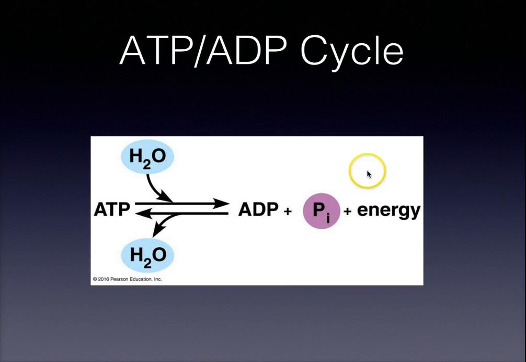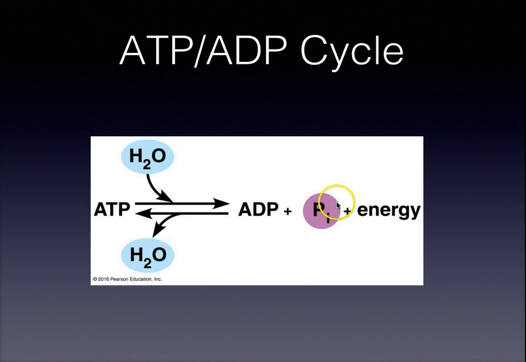When that bond is broken, we get the release of energy as well as a free phosphate group, okay? So when the body's using a lot of ATP, when it requires energy for a muscle contraction or to run a sodium-potassium pump, all sorts of physiological processes in the body, then we're going to end up with more and more ADP.